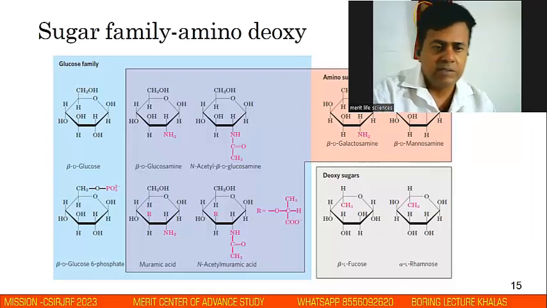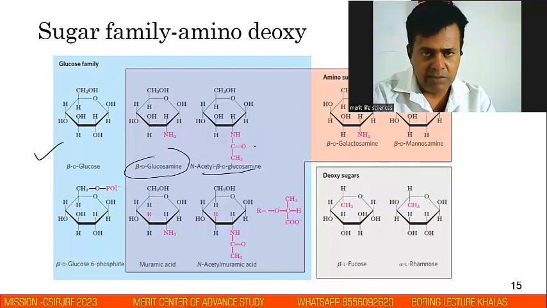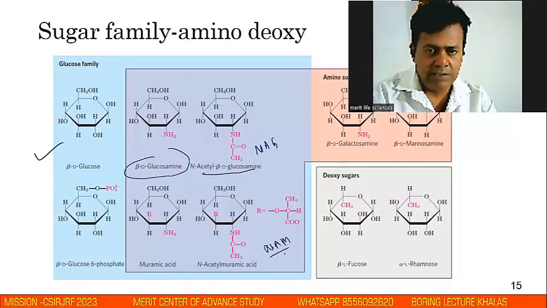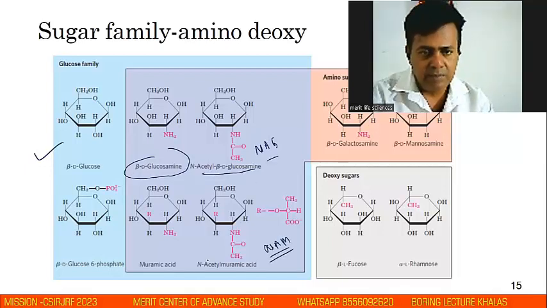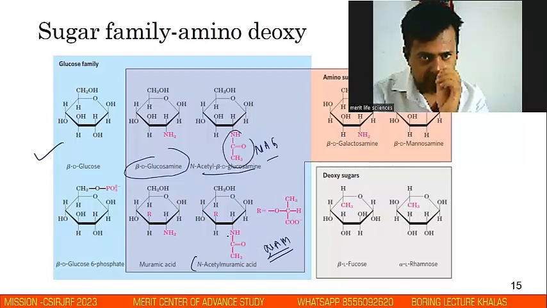In the glucose family, already we have discussed glucose. Then its derivatives are glucosamine and N-acetyl glucosamine, NAG, and NAM. They are part of the bacterial peptidoglycan. So NAM and NAG are frequently asked. Sometimes they can ask you this structure.